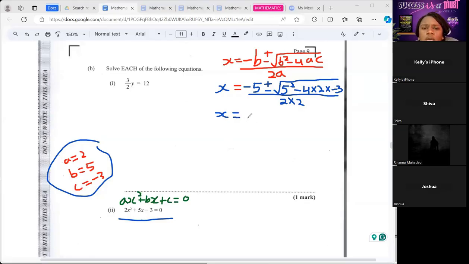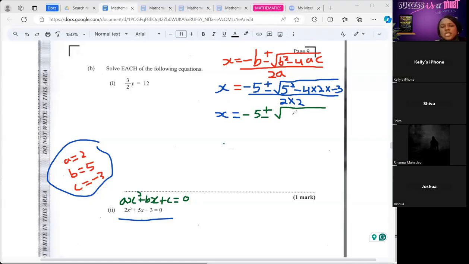Okay, so I will usually put back this. You don't have to do anything with this for now. What you could solve is everything under the root. Usually I would do it in parts and say 5 squared is 25 and then write back everything. But when you have a calculator, put 5 squared on the calculator and then minus 4 times 2 times negative 3, and you'll get what's supposed to be under this root sign in one go. So let's work it.